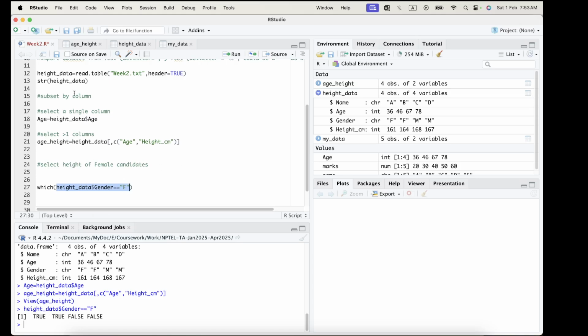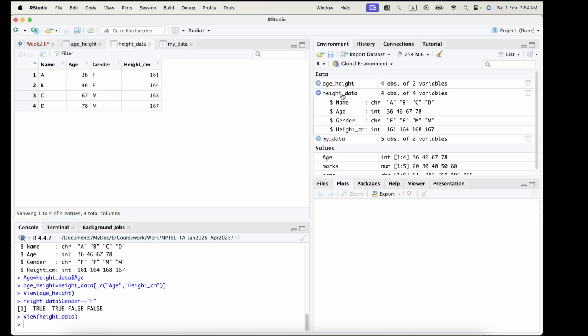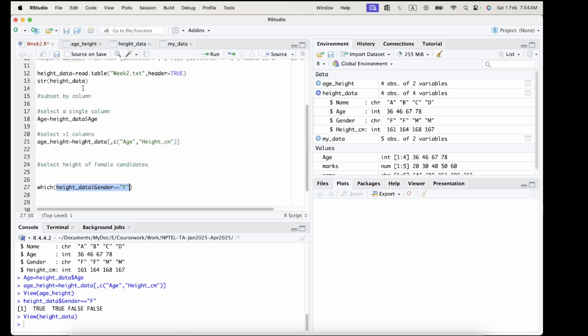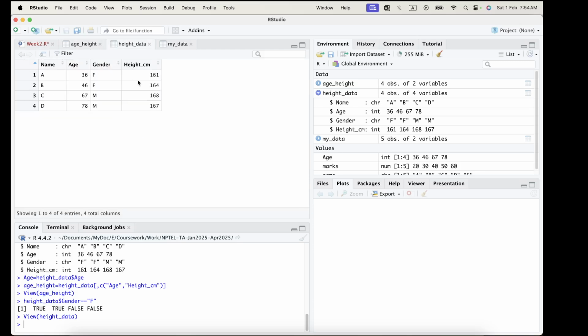Since the first two elements in height data are female, when I do which height data dollar gender equal to female, it's just giving me true, true, false, false.